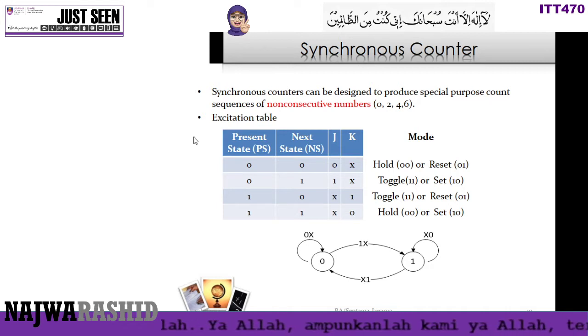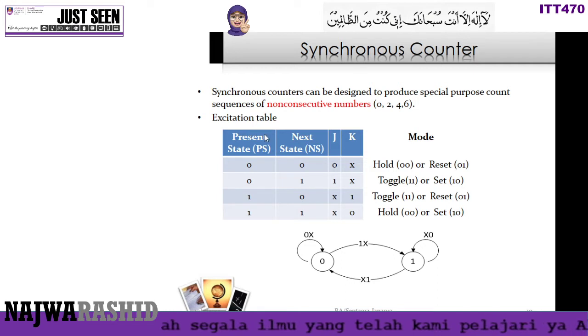Let's say we have present state 0, next state 0, so J will be 0, K will be X. As we learned in Chapter 4, Karnaugh map, X refers to the don't-care term, so it can be either 1 or 0.